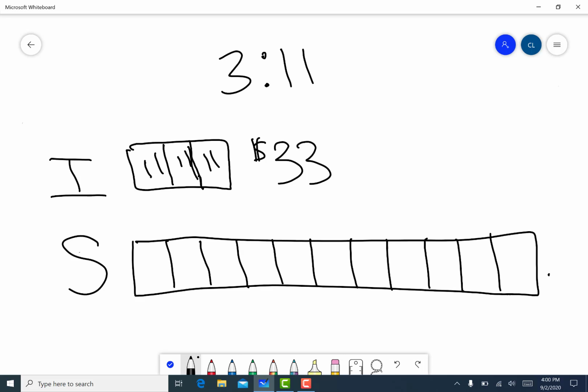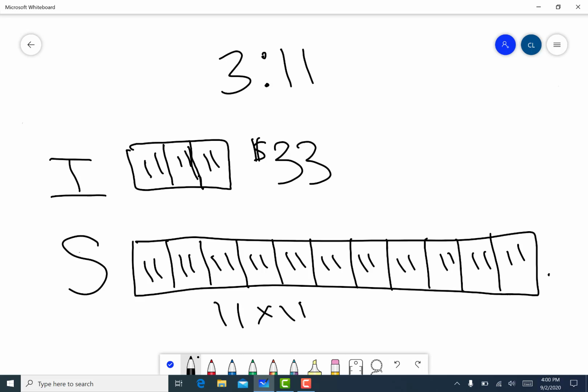So if those 3 boxes are worth $11, then each one of these for Shane is also worth $11. So there's 11 boxes for Shane, they're all worth 11. So you do 11 times 11 to figure out how much money Shane has, and that'd be $121.